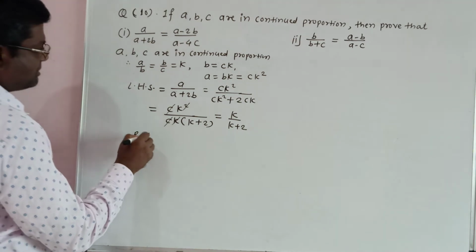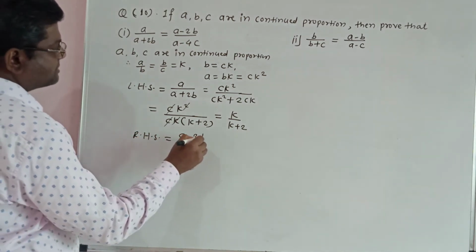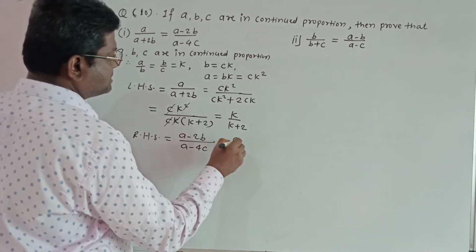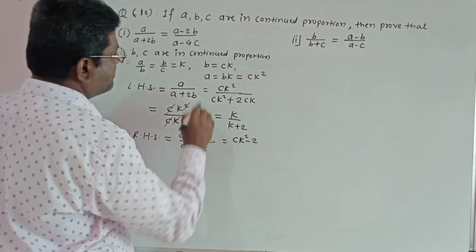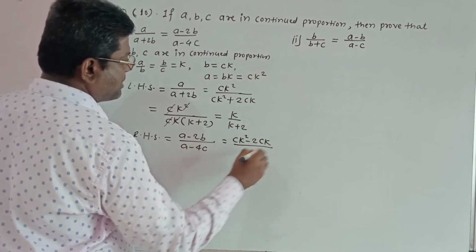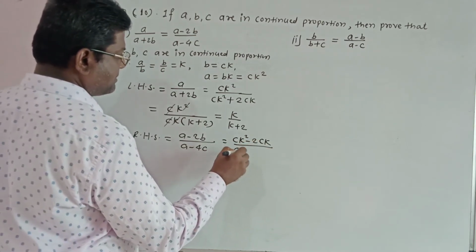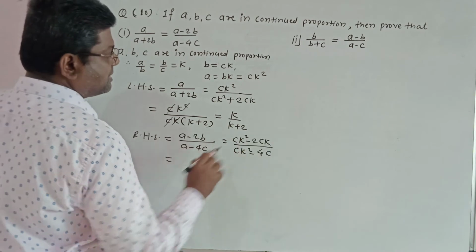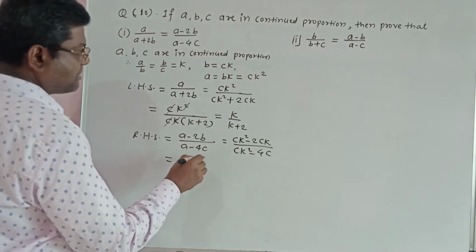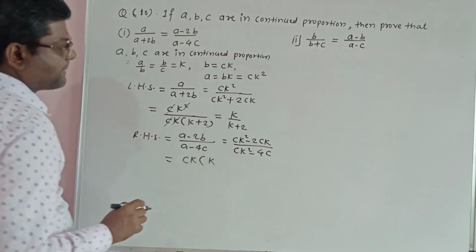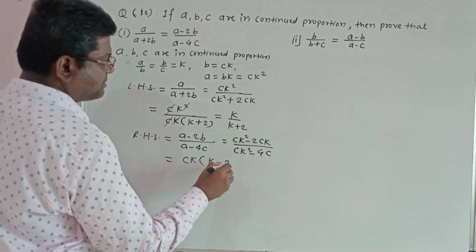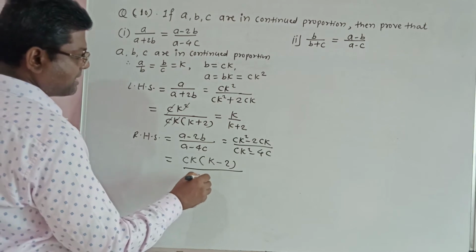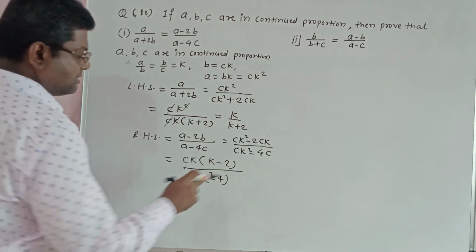Now RHS is equal to (A − 2B)/(A − 4C). So it is Ck² − 2 into B, which is Ck, upon A, which is Ck², minus 4 into C. From the numerator there will be Ck common in bracket (k − 2), upon, from the denominator we can take C common in bracket (k² − 4).